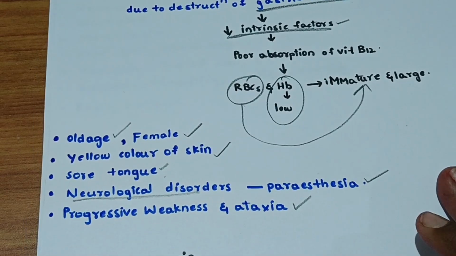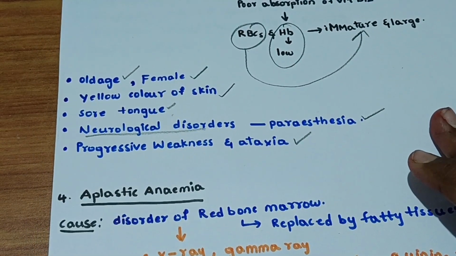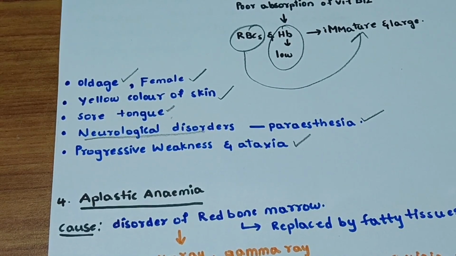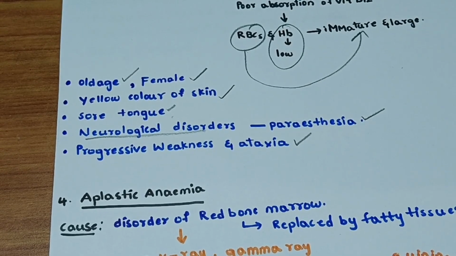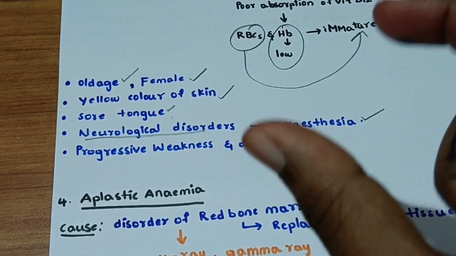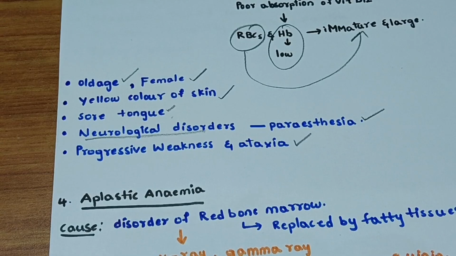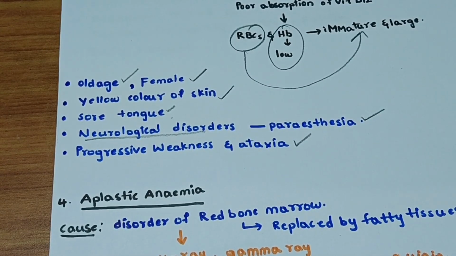And the next one is aplastic anemia. Aplastic anemia occurs due to disorders of the red bone marrow. If the red bone marrow is replaced by fatty tissue, that leads to anemia known as aplastic anemia. In which conditions is it replaced by fatty tissue?